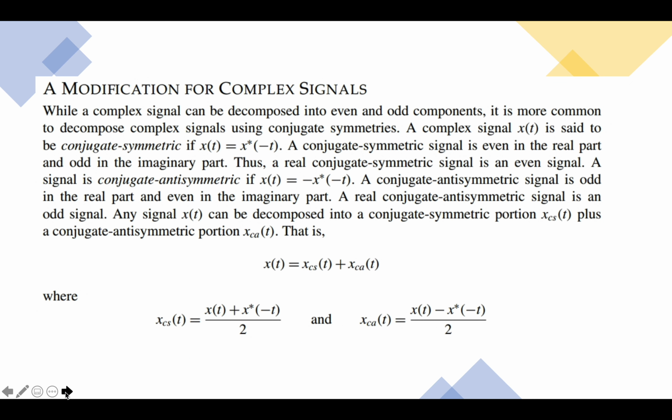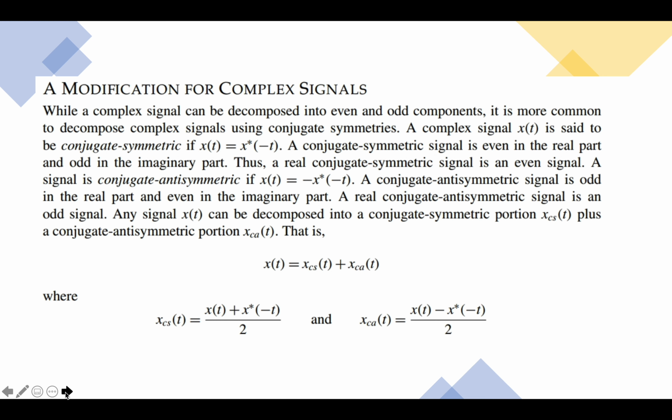Now, if you have complex signals, and we will work some in this class with complex signals, the definition gets a little bit different. So what you talk about in even and odd transitions to talking about conjugate symmetries. So a signal is conjugate symmetric if x of t and the complex conjugate x star of minus t are equal.